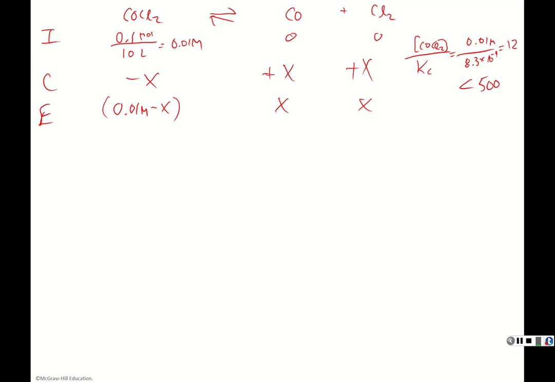Okay, so now again we set up our equilibrium expression in terms of our concentration of products divided by concentration of reactant.